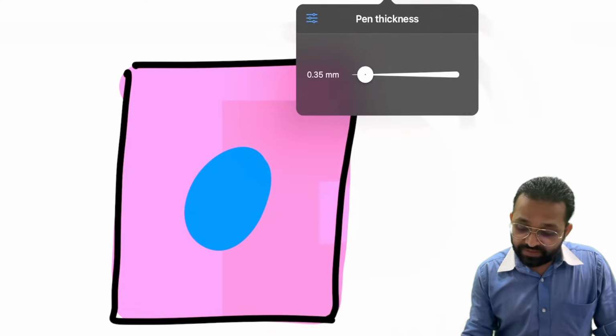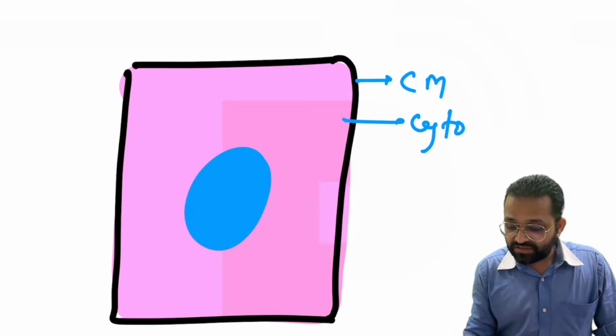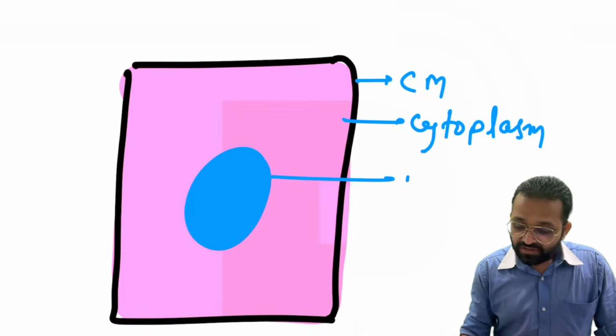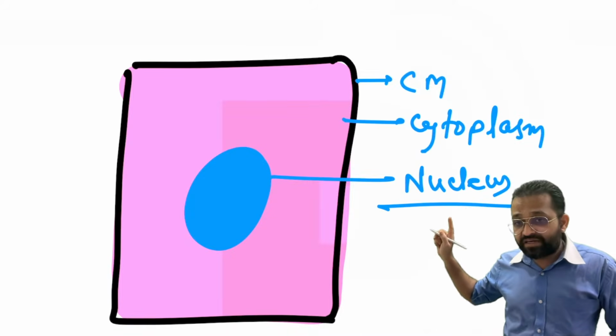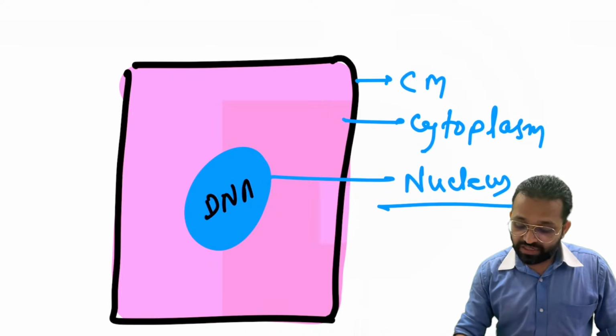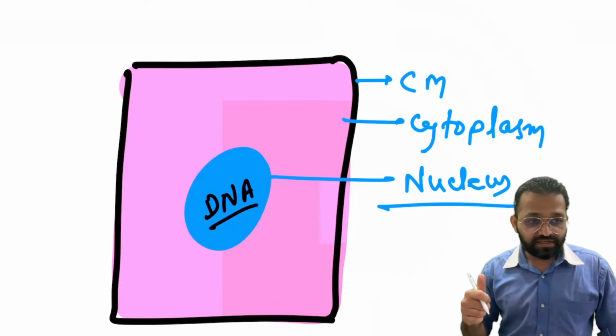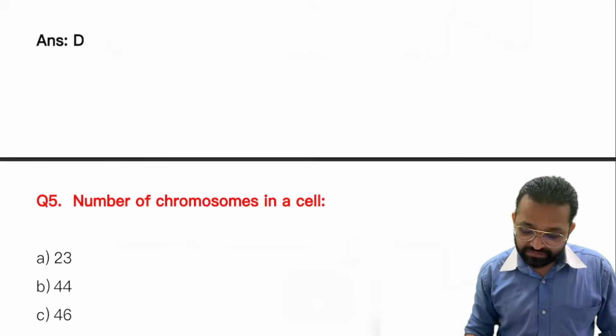So we know very well the basic structure of the cell. This is the cell membrane, this is the cytoplasm, and here is the nucleus. We know very well that the hereditary material, the DNA, deoxyribonucleic acid, is within the nucleus. Done? Easy? Okay, sir. Now come to the next.